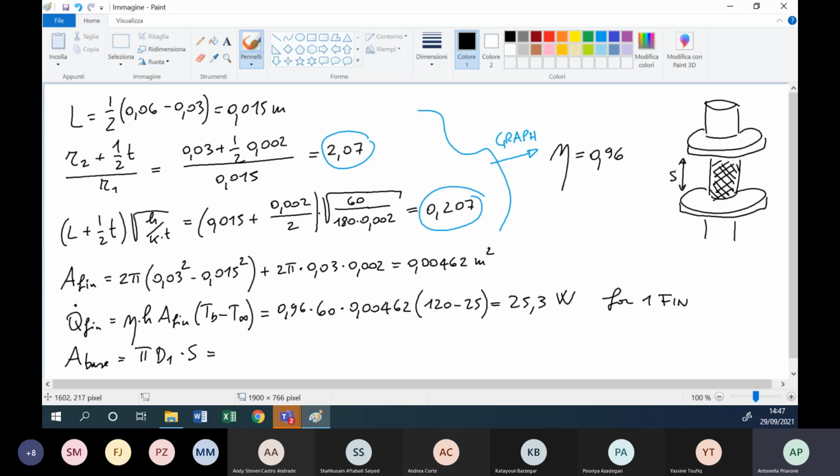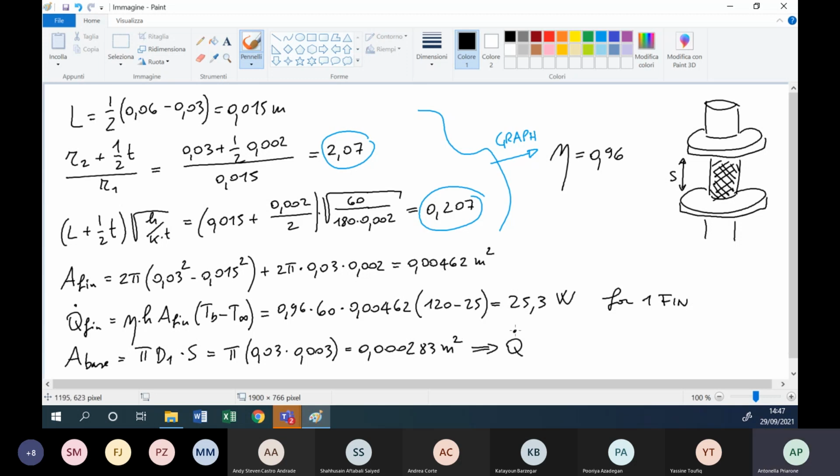Then I have to multiply by the number of spacings for 1 meter of fin. The area of the base is equal to pi by 0.03, that multiplies 0.003, equal to 0.000283 square meters.